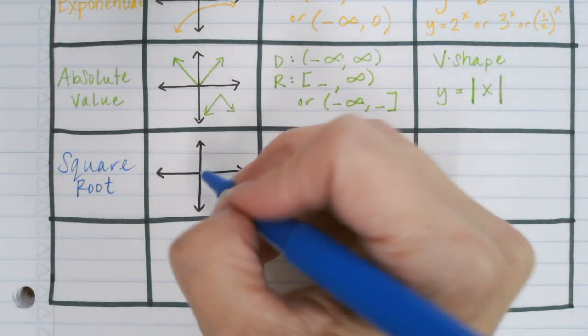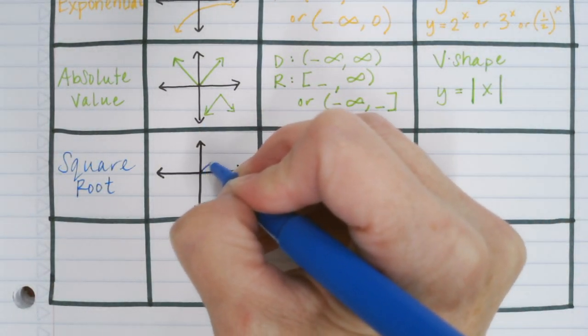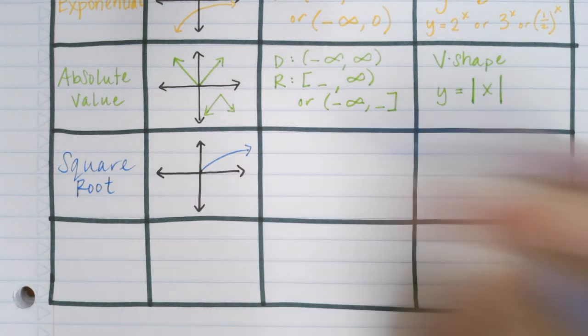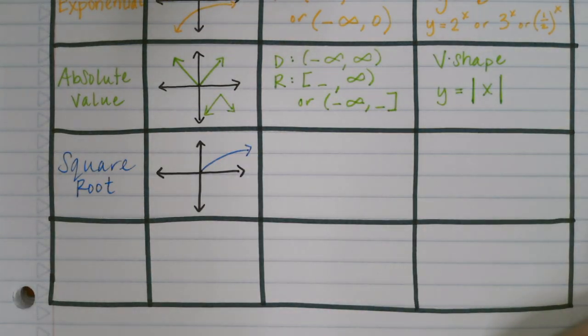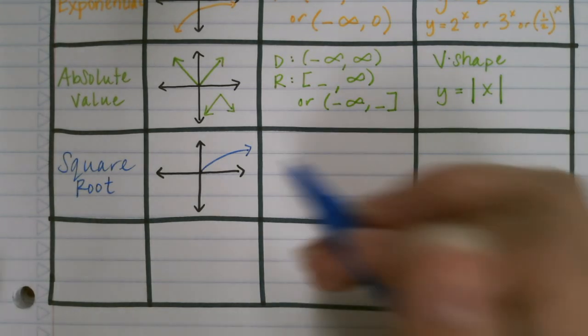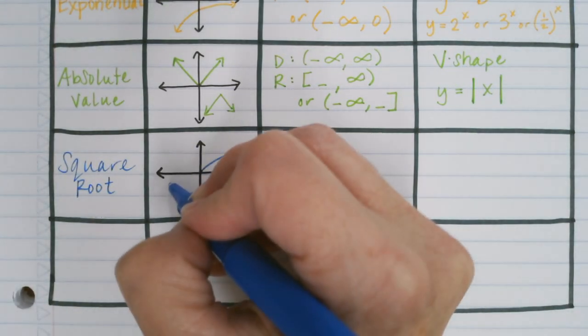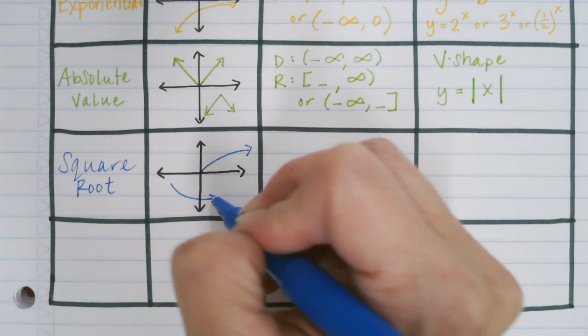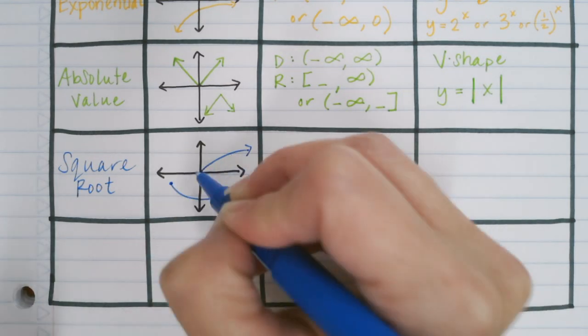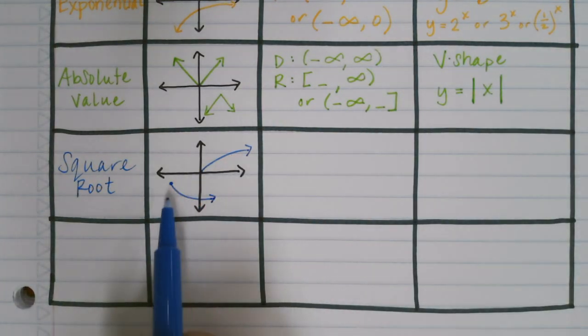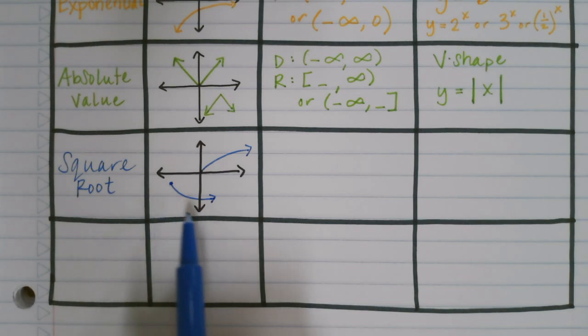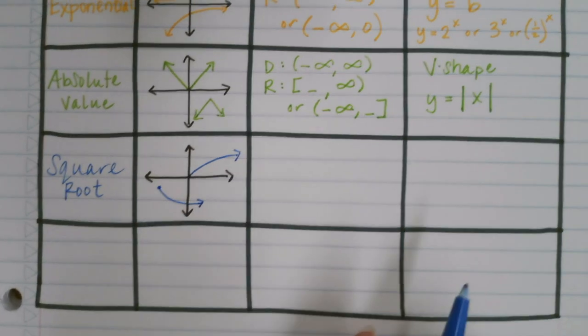So the parent one starts right here at the origin, and it just goes up and over. So it can go different ways. It could go kind of under instead of up and over, but it has a starting point, but then it's going to continue in one direction.